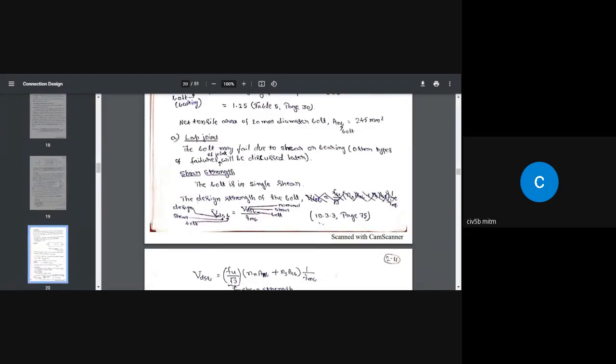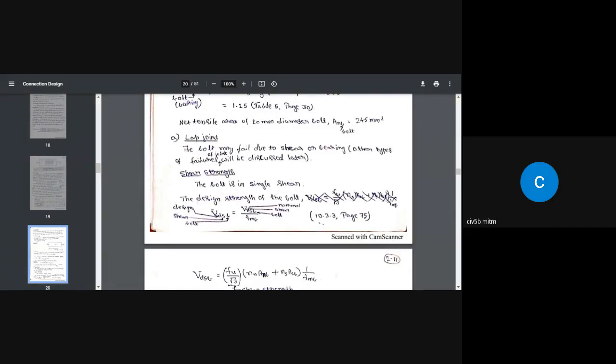Is it not? Then what is V? We need to find out V_dsb, that is the capacity of the bolt or the shear capacity of the bolt. Then gamma_mb is 1.25. We got that value from the table on page 30.